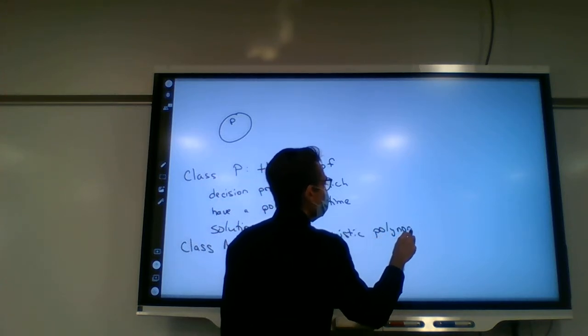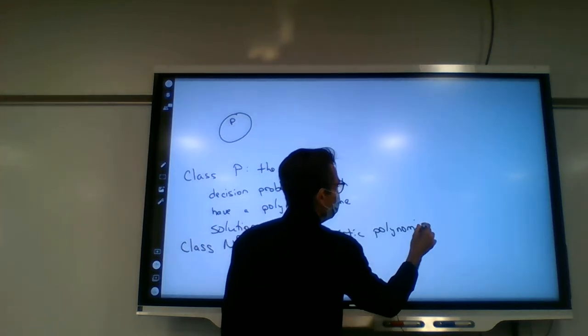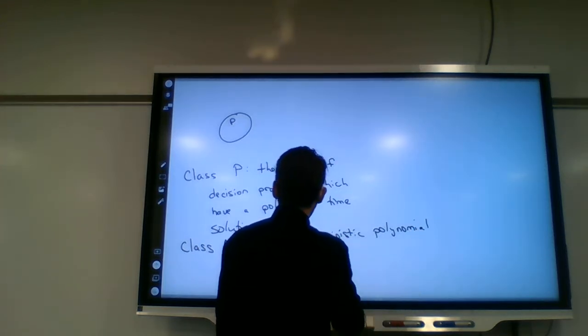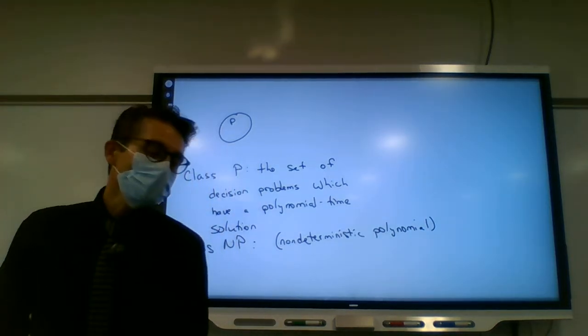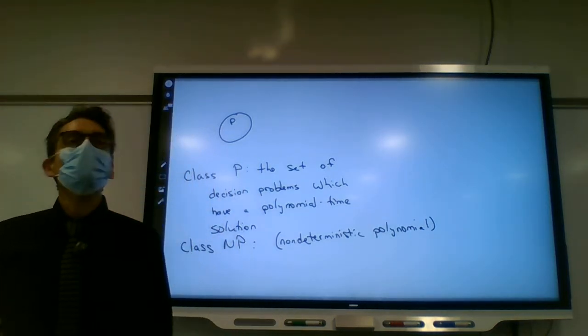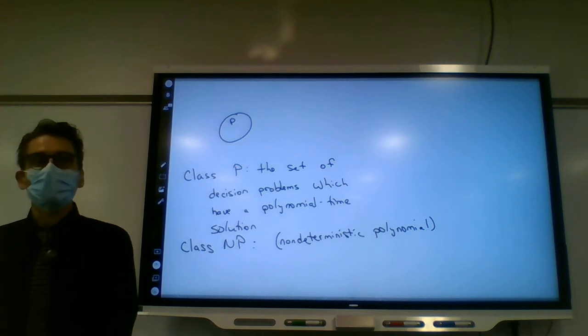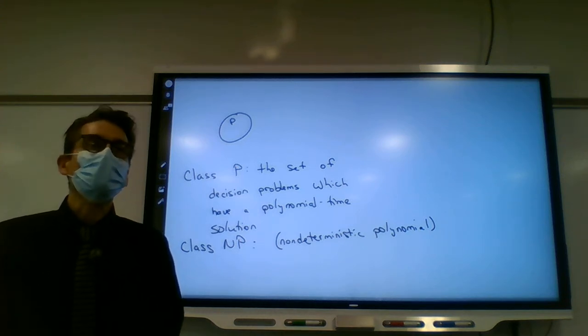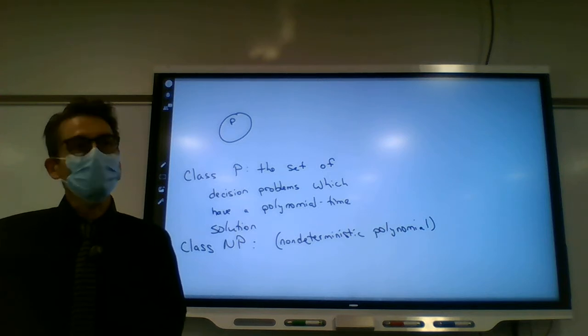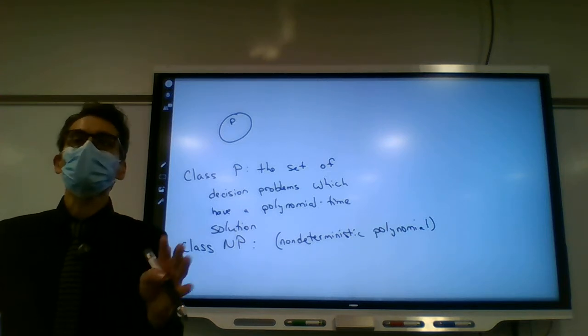Non-deterministic polynomial means that there's a non-deterministic algorithm that can run in polynomial time. A non-deterministic algorithm means one that is able to make guesses and make the right guesses. Okay, but we're not going to look at it from that approach.